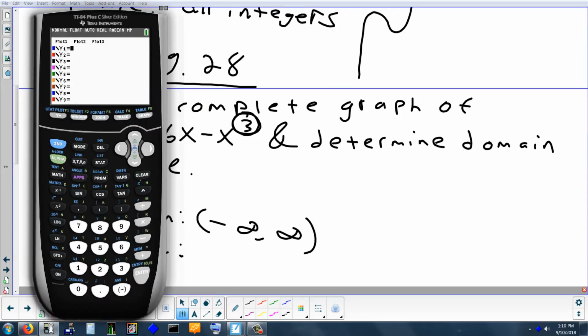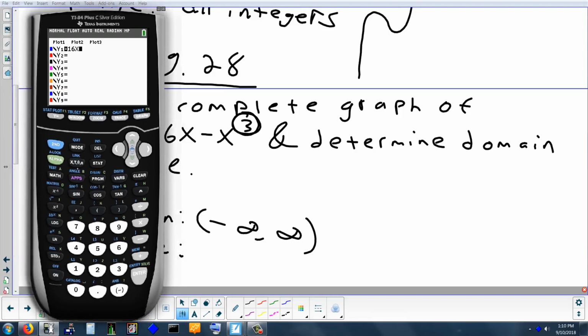Okay, let's look at the range. So I'm going to get rid of my step function. 16x minus x cubed. Let's go zoom 6. Okay, so knowing what I know about this graph, I know it's turning. I can't see where it's turning. That's not a complete graph. The turning points are off the screen. So what would I have to adjust so I can see more up and down? The y values.